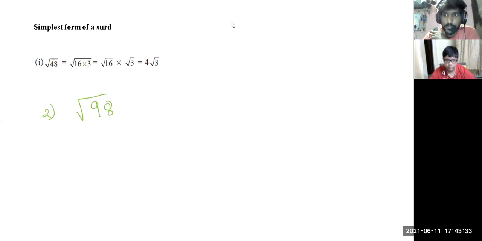We have to pair numbers which are the same, right? Yes, same number pairs, and which are single, that will go inside the root. But you write it in the way how I showed it to you, the first sum how we did. Write it that way.